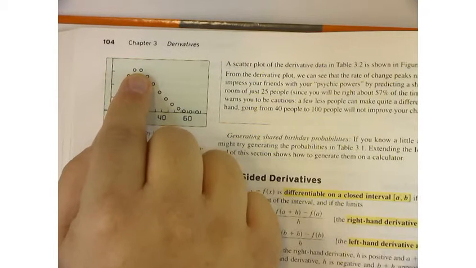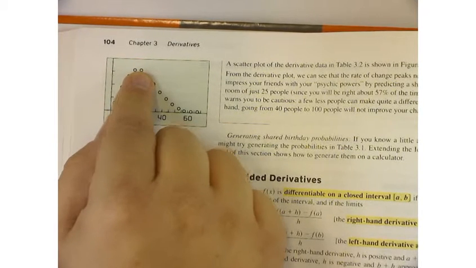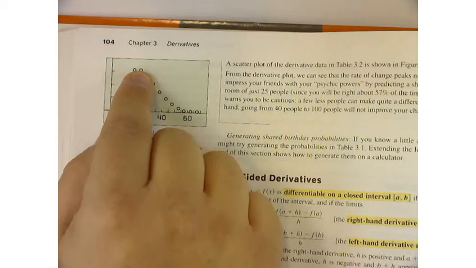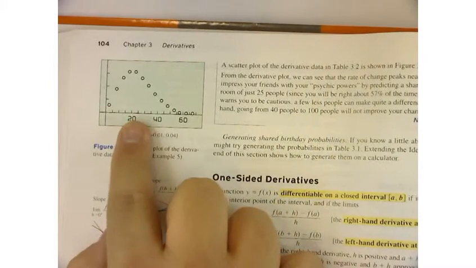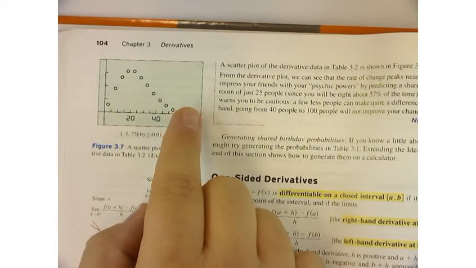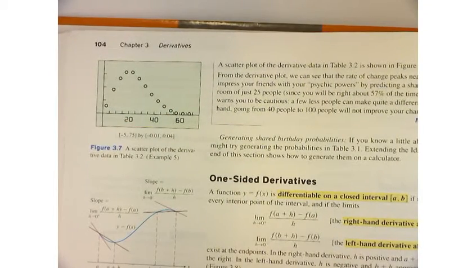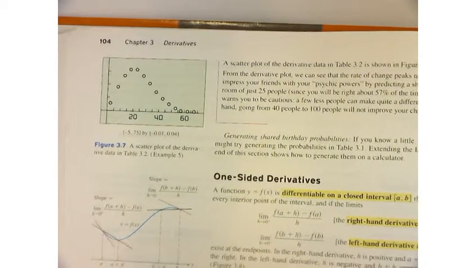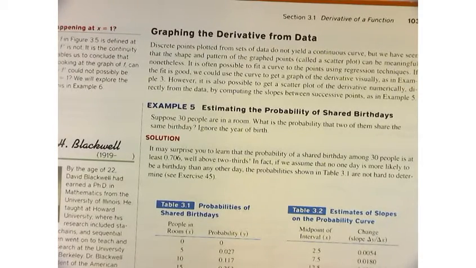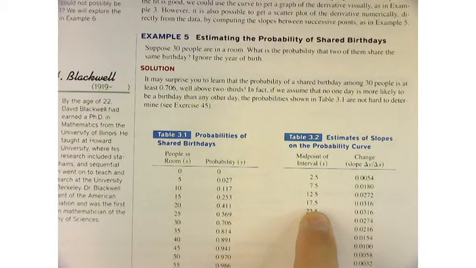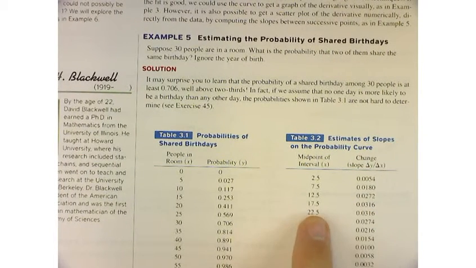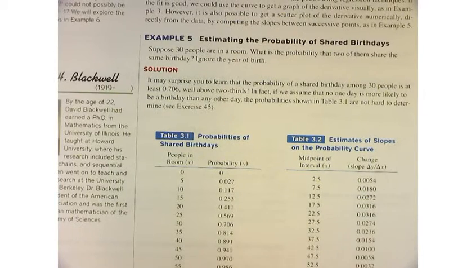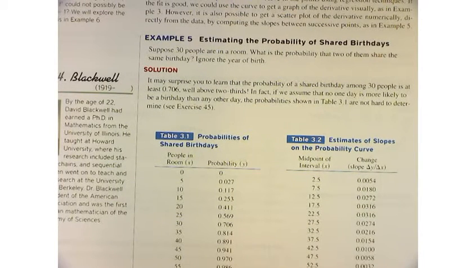This is our greatest increase in the rate of change, because this is our highest y value on the graph of the derivative, which occurs just before 20 people. We could see that in the table of values, that at 17.5 we have the greatest slope, and at 22.5 we have that same slope of 0.0316.